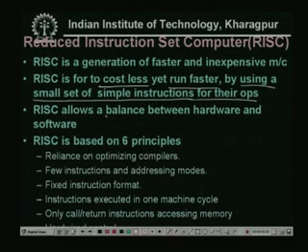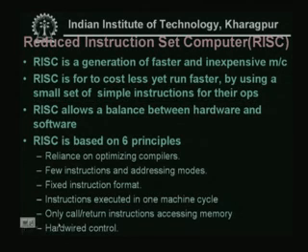Now, RISC allows a balance between hardware and software. We will see. Mainly RISC is based on 6 principles. What are the principles? Reliance on optimizing compilers, and few instructions and addressing modes.